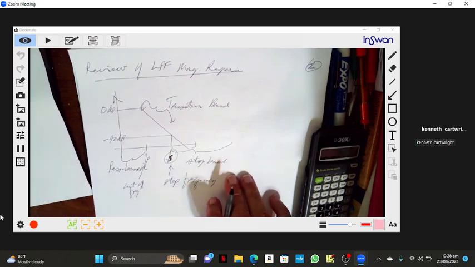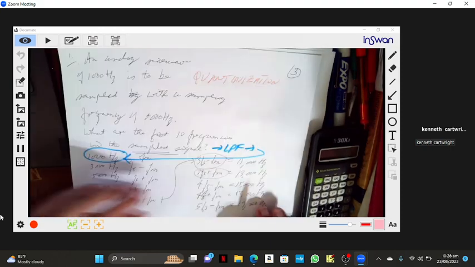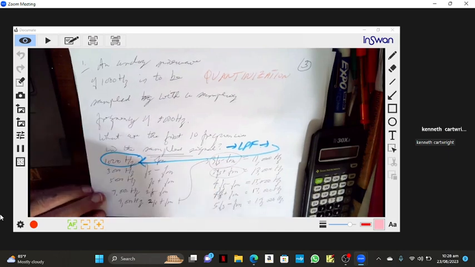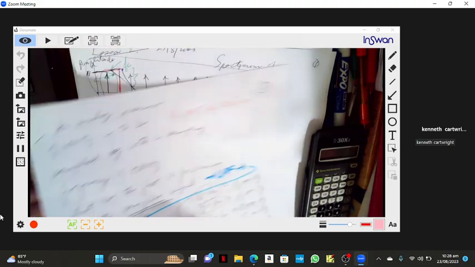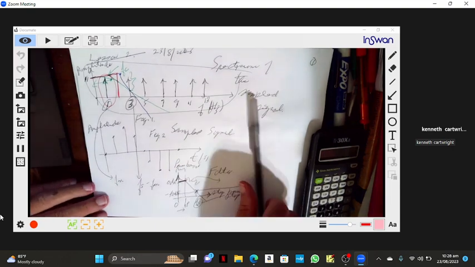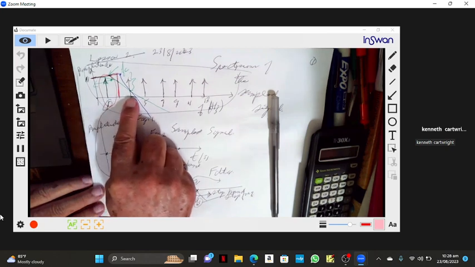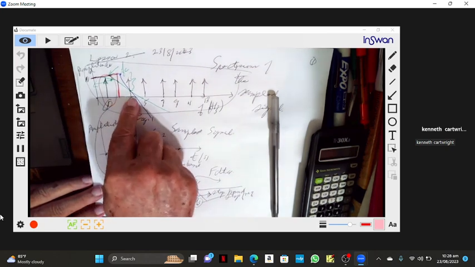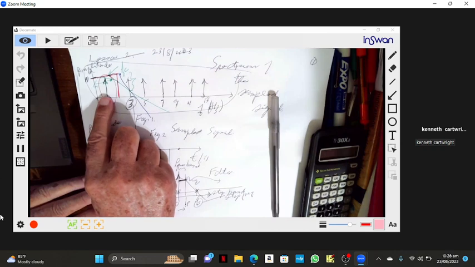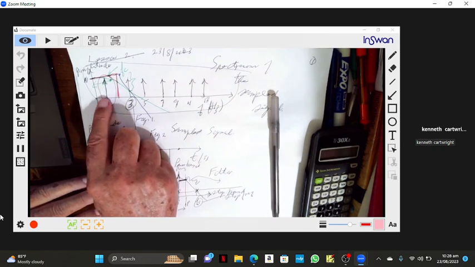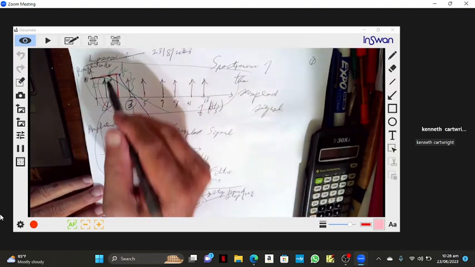Now, let's go back to this. So to separate our original signal from the lowest frequency in the sample signal, the signal that's being sampled, we have to be able to separate these two.